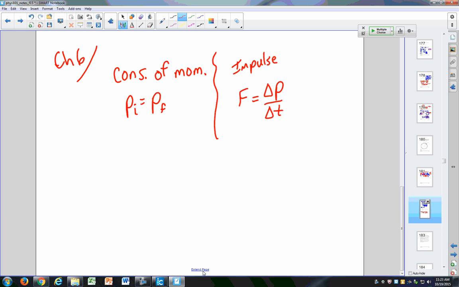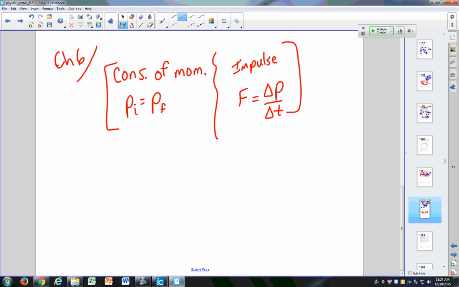So I have conservation of momentum, with collisions of two particles, and then impulse problems. Those are your two big classes. You'll have one or two of those. I think you have a couple of problems for conservation of momentum and just one for this.